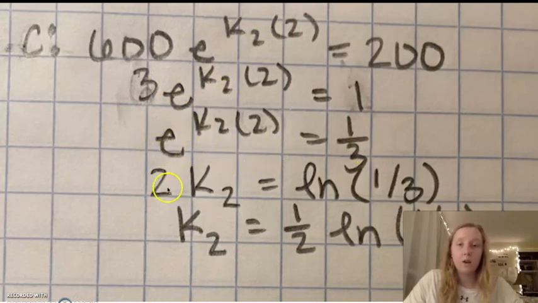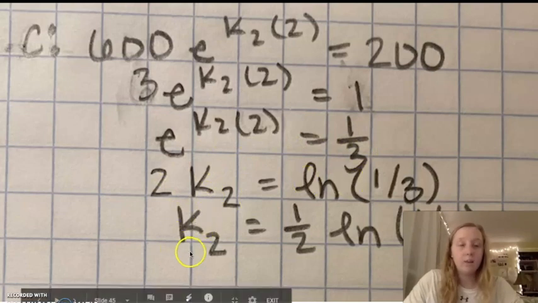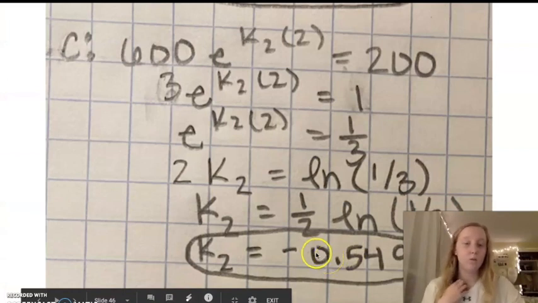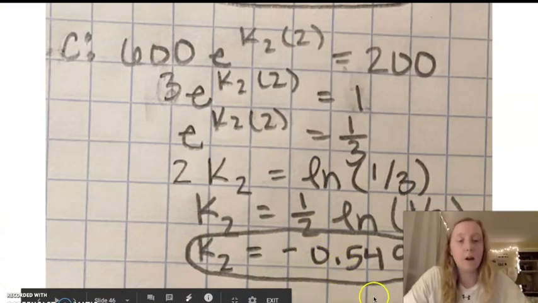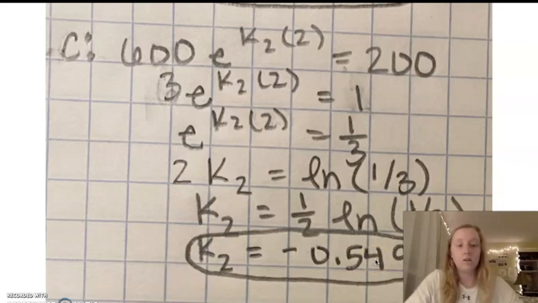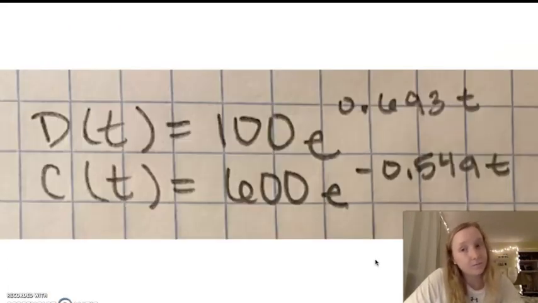Then we took ln of both sides and ended up with k2 equals 1/2 ln of 1/3. When we plug that into our calculator, we get that k2 equals negative 0.549. We remember that k2 is supposed to be less than 0 because the cats are exponentially decaying, so this also could be the correct answer.